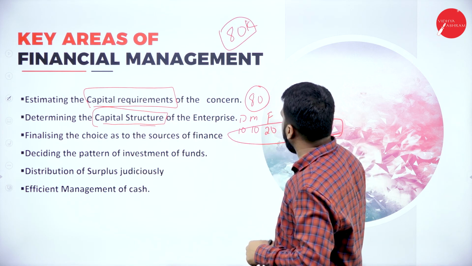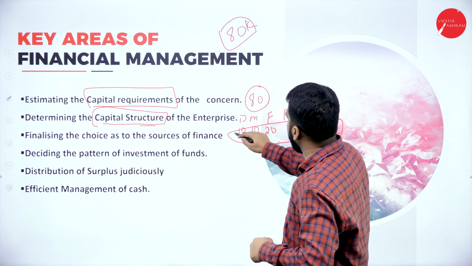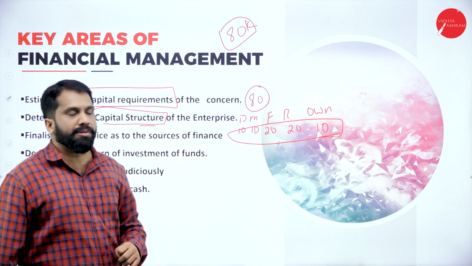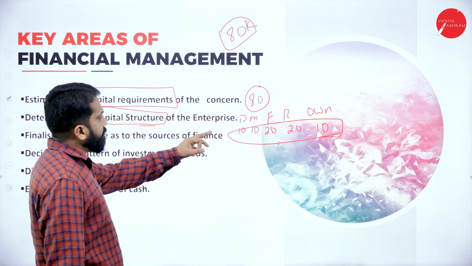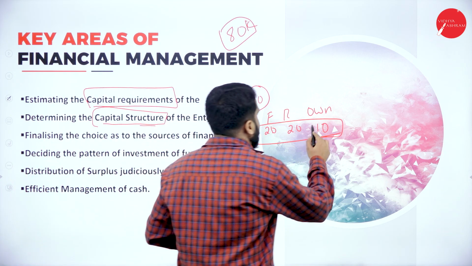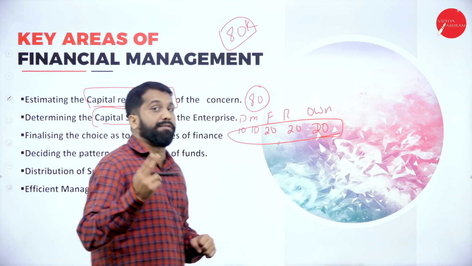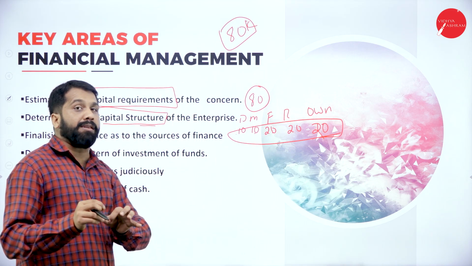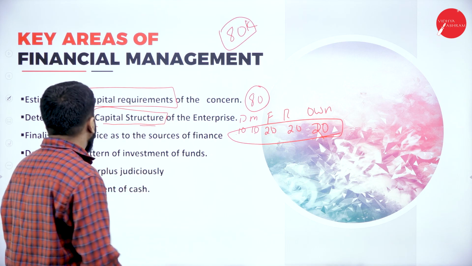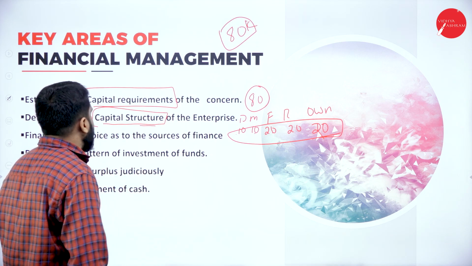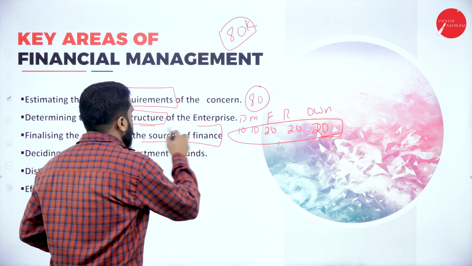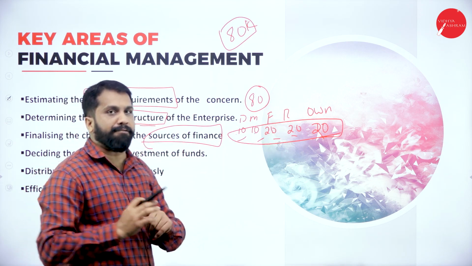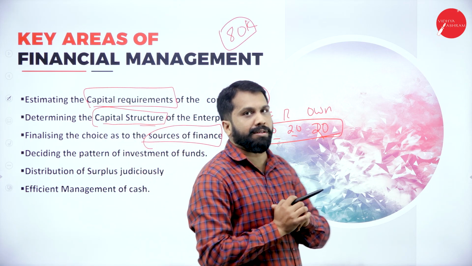All put together, you get 80,000. This is the second point, capital structure. The third one is finalizing the choice of the source of finance. Once you have done this, you confirm with everyone and finalize whether they will give or not.